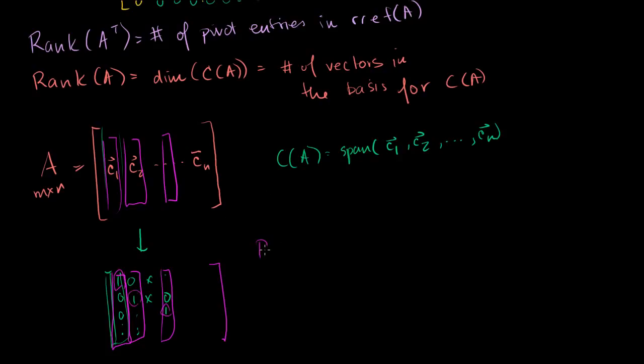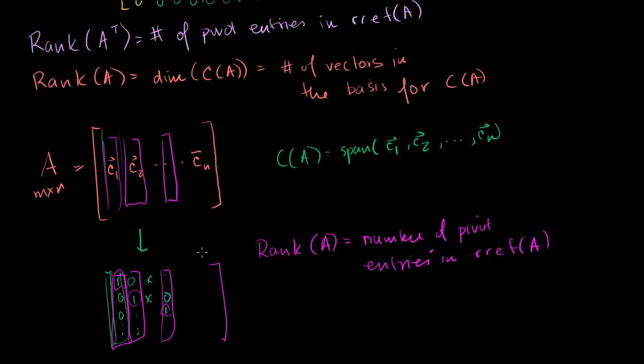So we could say that the rank of A is equal to the number of pivot entries in the reduced row echelon form of A. And as you can see very clearly, that's the exact same thing that we deduced was equivalent to the rank of A transpose, or the dimension of the column space of A transpose, or the dimension of the row space of A. So we can now write our conclusion. The rank of A is definitely the same thing as the rank of A transpose.